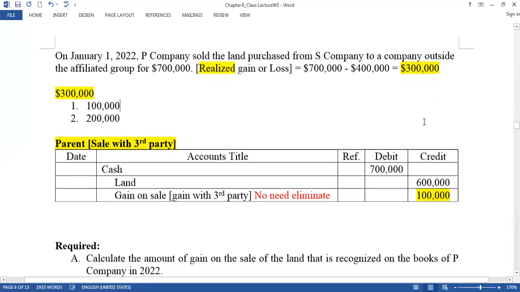Already this is a realized gain, and we don't need any elimination entry. Why? Because this $100,000 gain is with a third party. But we have another $200,000 not yet recorded.